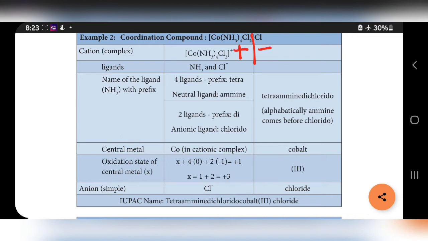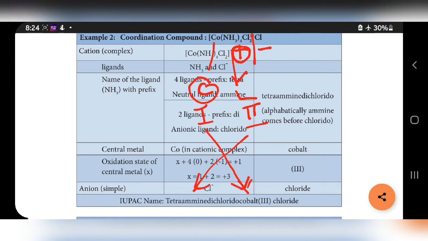In chemistry generally we give preference to the positive ion, so you have to give the name for the first square bracket. In the square bracket two parts are there, one is the central metal ion, another one is the ligand. In the formula the central metal ion comes first, ligand comes second, but for naming, the ligand comes first and then the central metal ion.